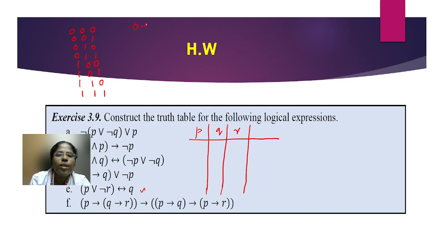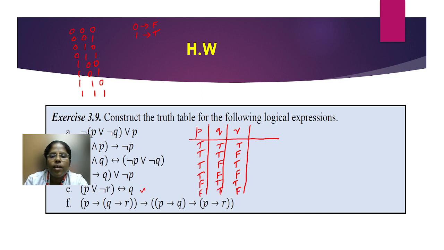So replace 0 as false and 1 as true. Okay, so true, true, true, true, true, false, true, false, true, true, false, false, then false, true, true, then false, true, false, then false, false, true, then at last you will have false, false, false.